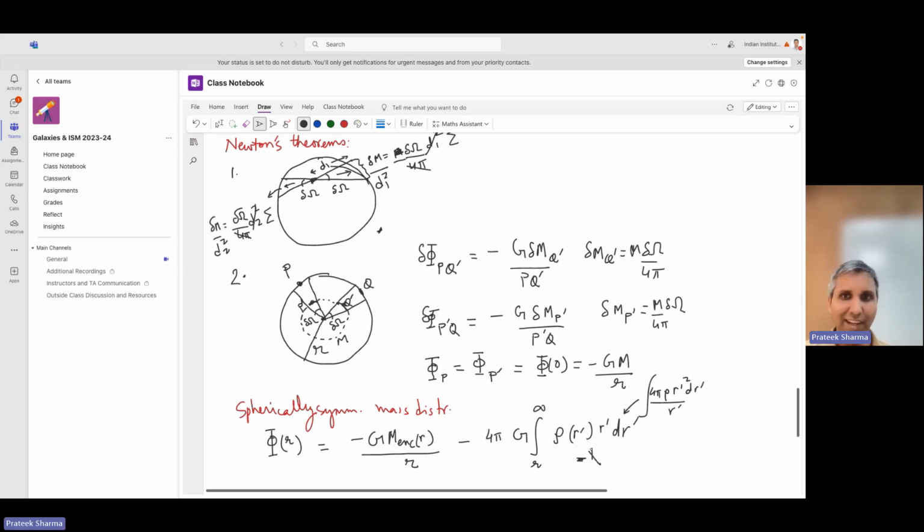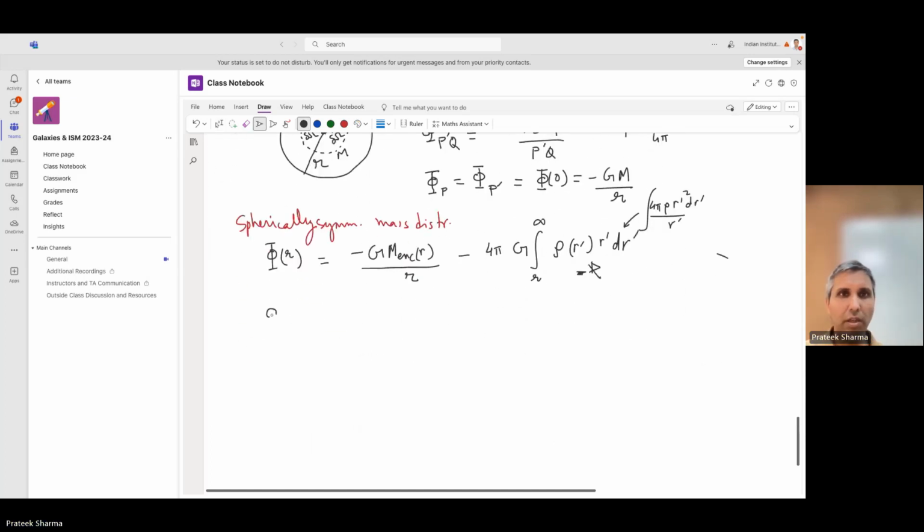This is important, right? You cannot just leave it at that. Unlike for g, the gravitational acceleration, which is only G M enclosed by r squared, here you have this contribution that's important for the potential. Now, of course, if you do this differentiation, you will get two contributions.